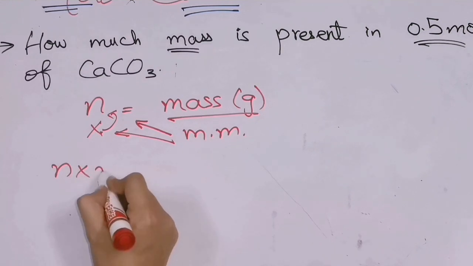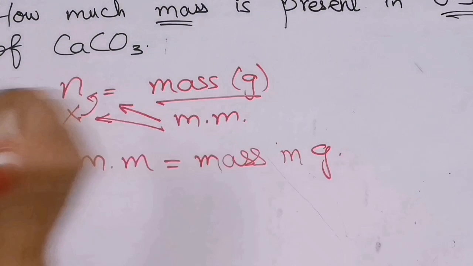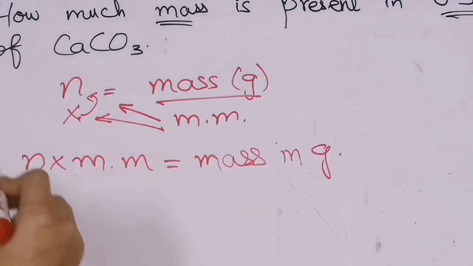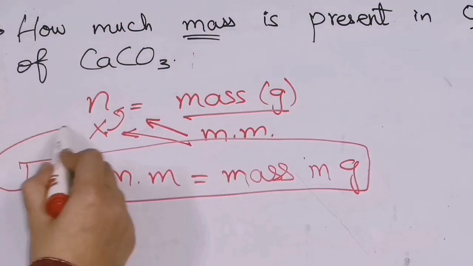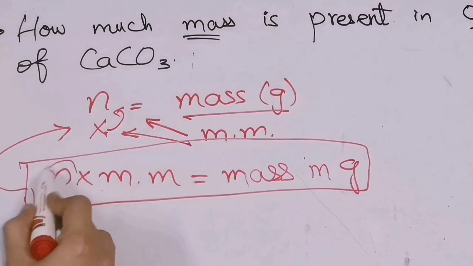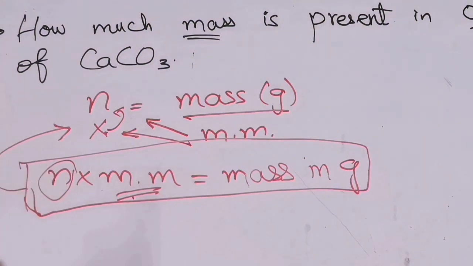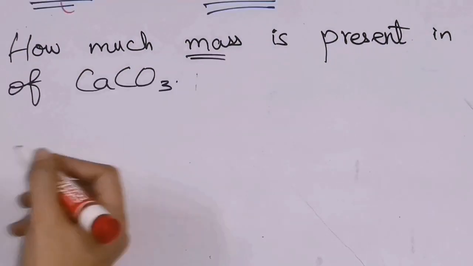Number of moles multiplied by molar mass will be equal to mass in gram. Now we have this formula, which is the rearranged form of the main formula. We already have the number of moles and we can find the molar mass, right? Note this formula. Let's first calculate the molar mass.